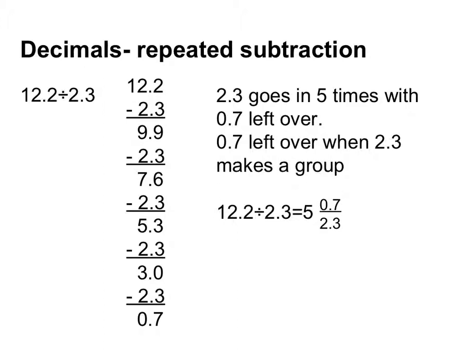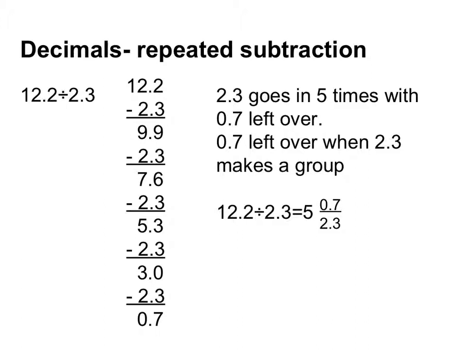Now, some of you are going to be a little bit uneasy and a little squeamish about the fact that we have decimals inside of fractions. That's totally fine. You're totally allowed to have decimals inside of fractions. Now, if you don't really like that, that makes you a little uncomfortable, right? Somewhere in your math career, someone has told you that that's an ugly number, don't deal with that.